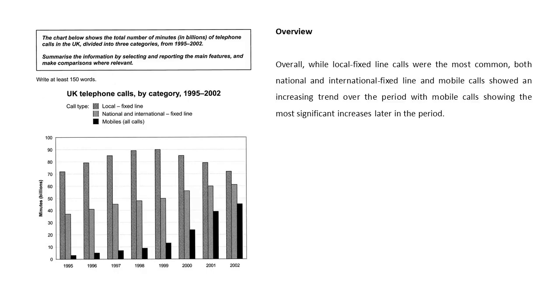By the end of the period, there was a more equal spread of call minutes, with local, national and international and mobile calls accounting for around 75, 65 and 45 billion call minutes respectively. As I was saying a bit earlier in the video, they're sort of converging. So that's what I'm saying here. There was a more equal spread by the end of call minutes with the 3 numbers.